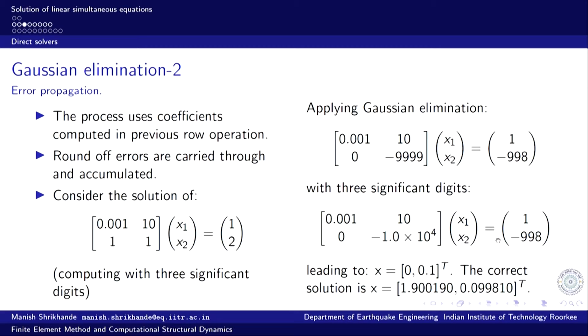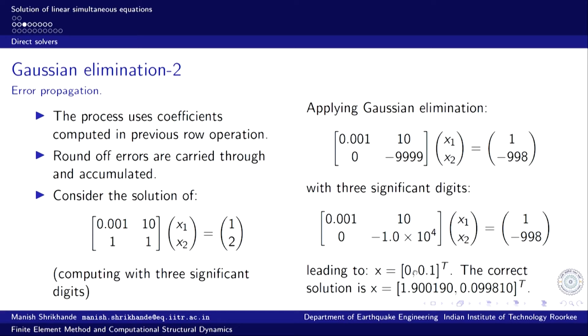If I divide it by this, I will get 0.1, and when I substitute 0.1 here, the solution for x1 evaluates to 0, because x2 is 0.1, so 10 times 0.1 is equal to 1. Obviously, x1 has to be 0.